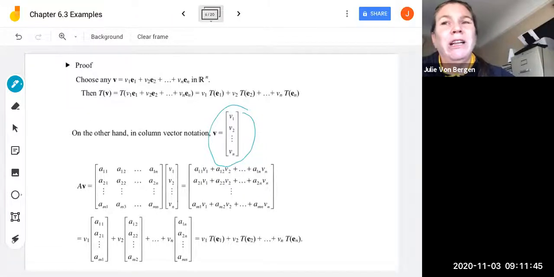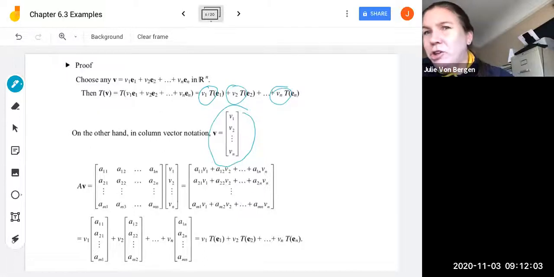So we're treating them like scalars here and using that property of linear transformations that we can pull the scalars out front. So we have said that T of v is T of v1 e1 plus v2 e2, so a linear combination of the standard basis. And because we're treating these v1 through vn as scalars, we're pulling them out front because they're the individual values numerically from the vector v.